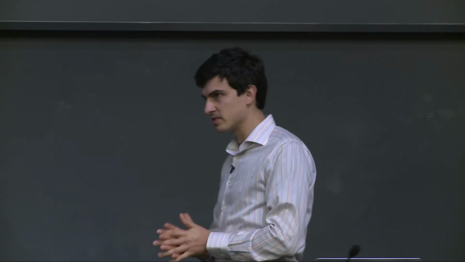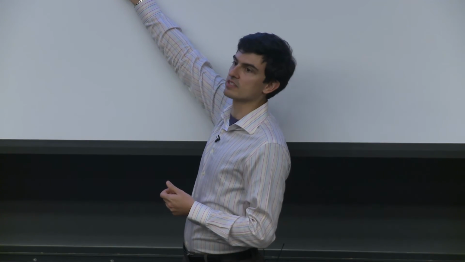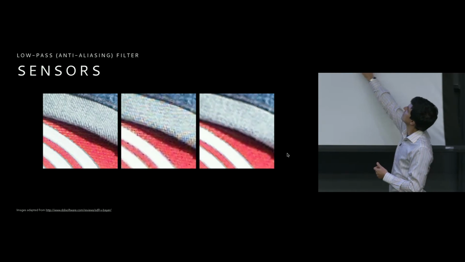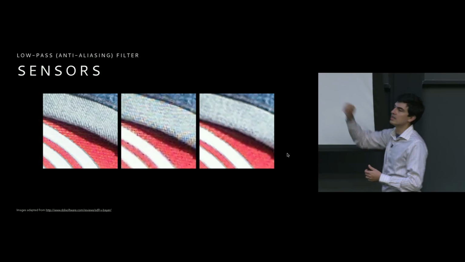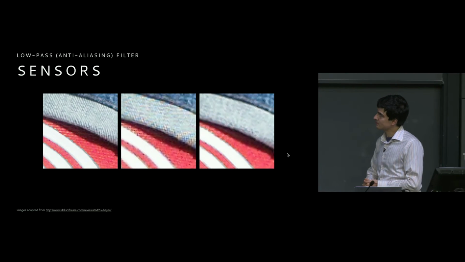Accounting for all of those factors is difficult, and so we don't see it, because if we were to release a camera that did that for everyone and people started seeing weird effects like this, they would think something was wrong with their camera. This is slightly overdone to really hammer home the idea of what this low-pass filter is doing.